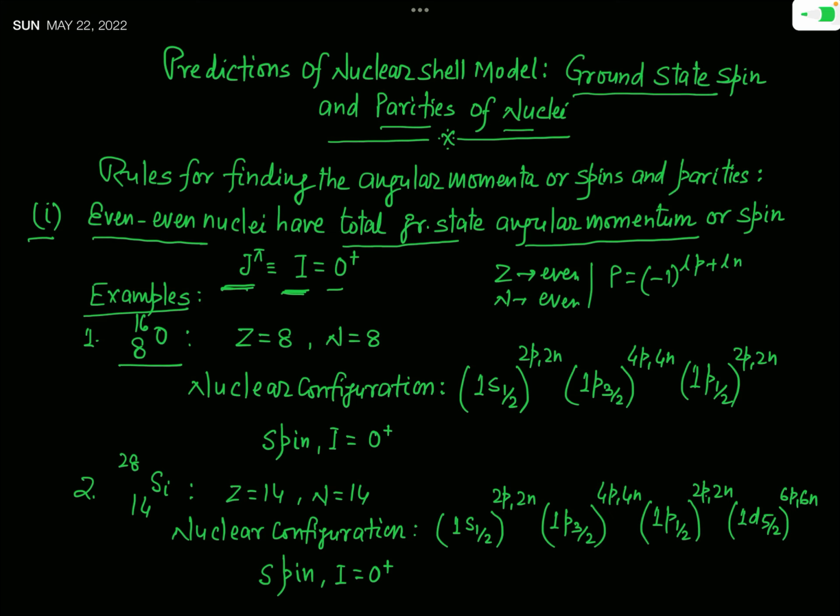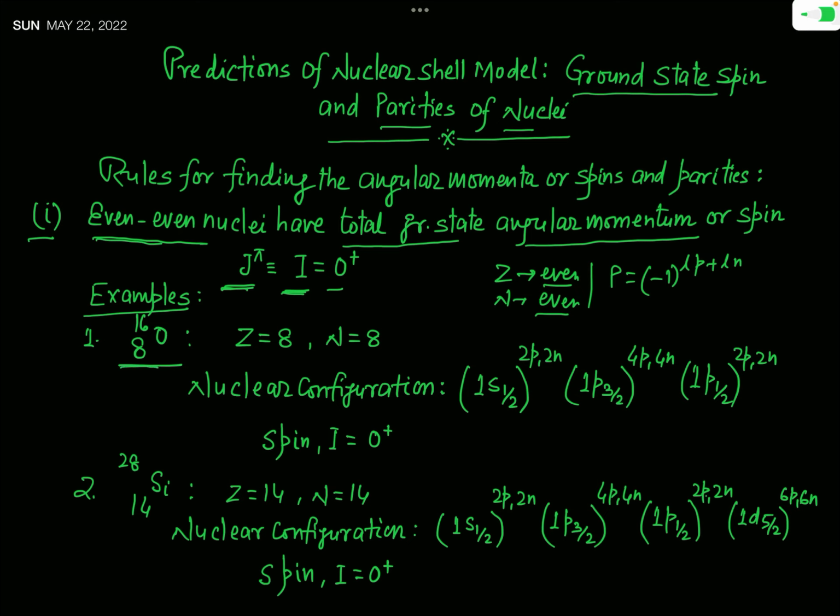That's why we simply said that if the number of protons is even and the number of neutrons is also even, then all the shells will be closed, and since shells are closed, the angular momenta sum up to give 0. For example, let us consider a nucleus of oxygen.